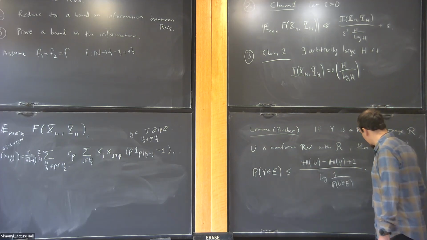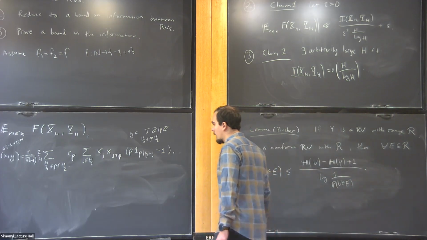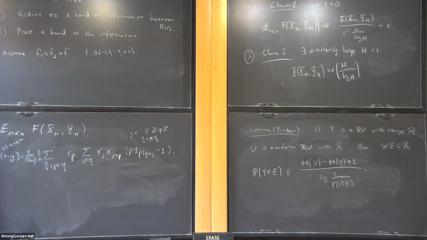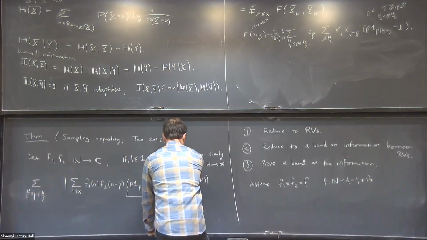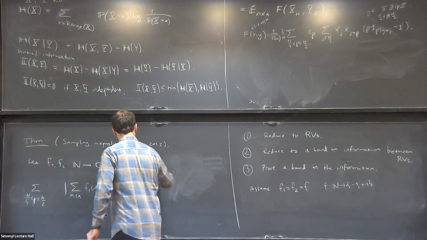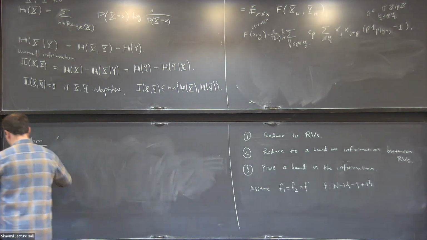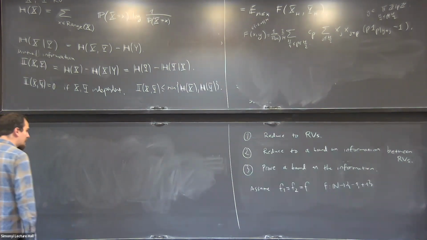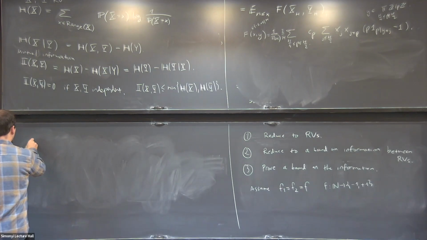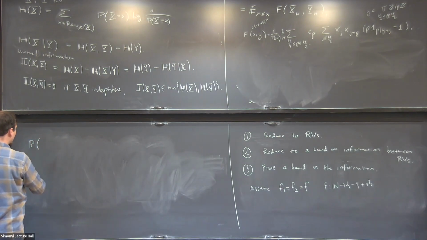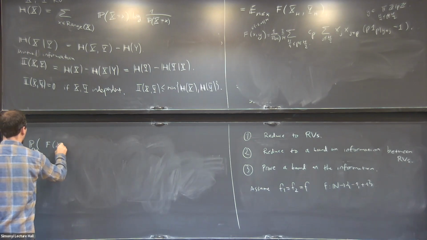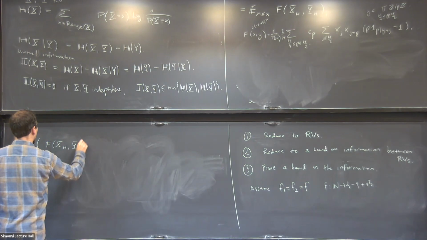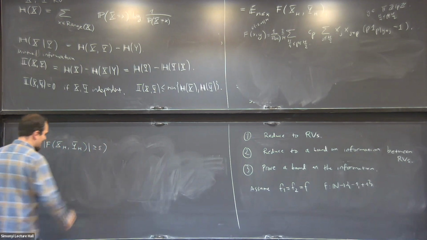And so this inequality we want to apply to, so what we want to understand is the probability of this random variable being bigger than epsilon.